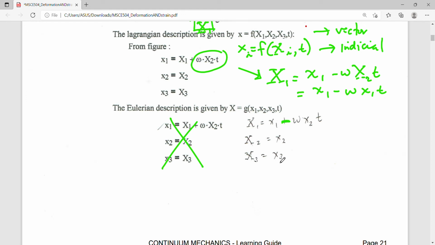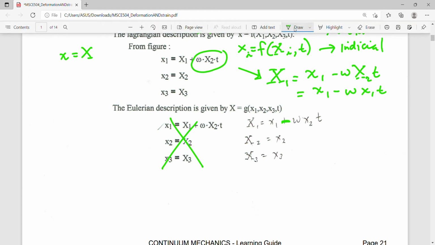Take note that for a Lagrangian description, small x is a function of capital X, and here, capital X is a function of small x.